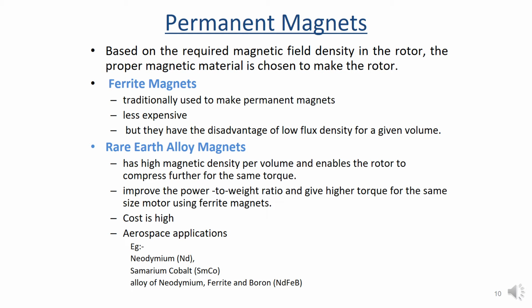Based on the required magnetic field density in the rotor, the proper magnet material is chosen to make the rotor of the permanent magnet synchronous motor. There are basically two types of permanent magnets, ferrite magnets and rare earth alloy magnets. The basics of both permanent magnets are shown here.